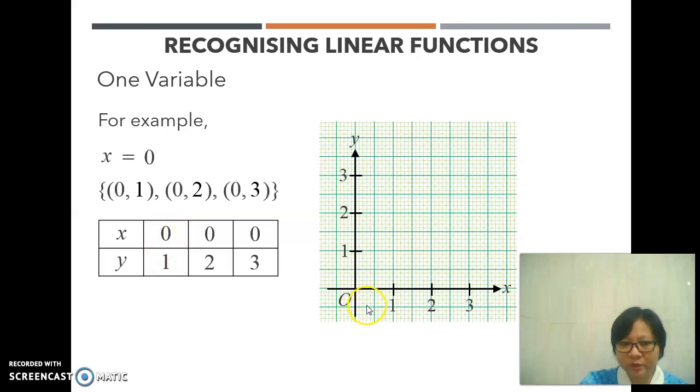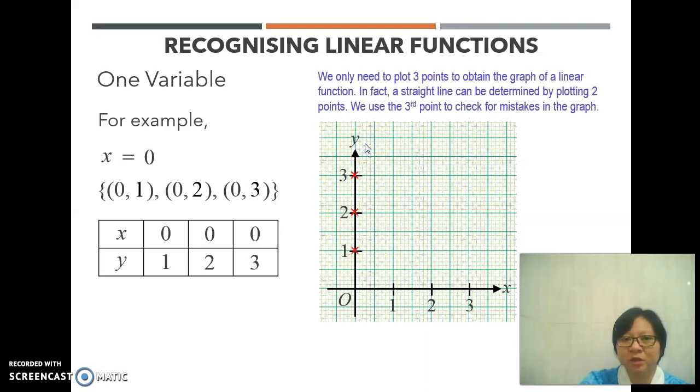It means no horizontal movement, but climb up 1 step. And then 0, 2, so climb up 2 steps, 0, 3, climb up 3 steps. The 3 points are on the same line as the y-axis.